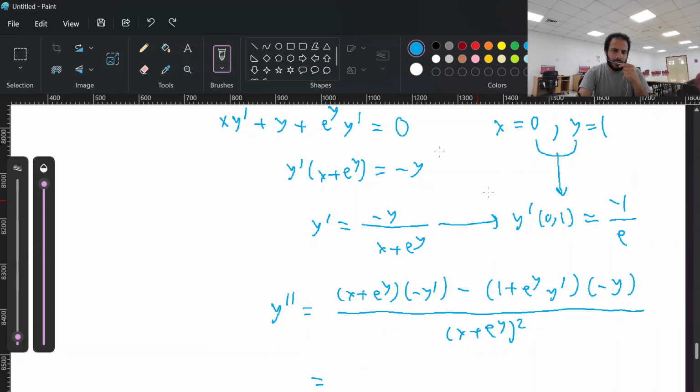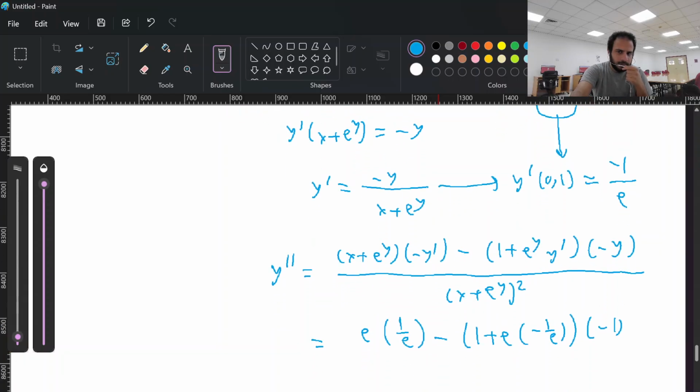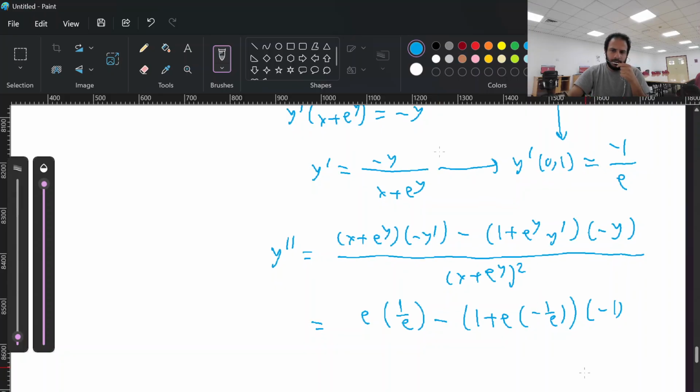We have now y equals 1, e to 1, e, right? Minus y prime, it will be 1 over e. Then minus 1 plus e times minus 1 over e times minus y. Minus y is minus 1 over e squared.